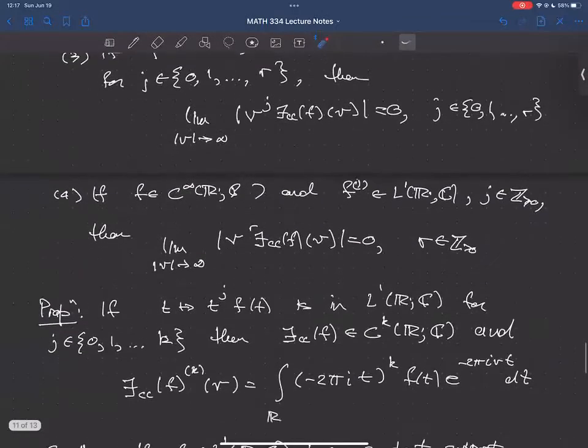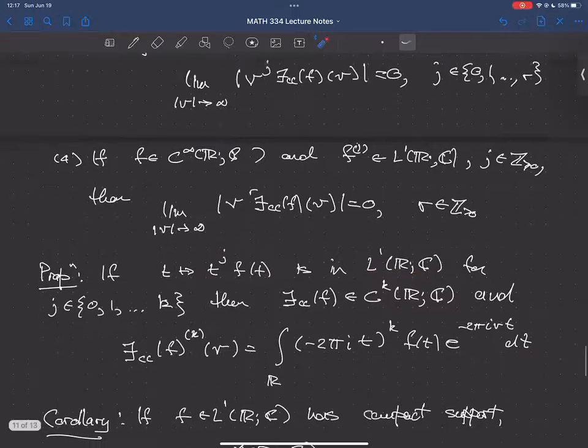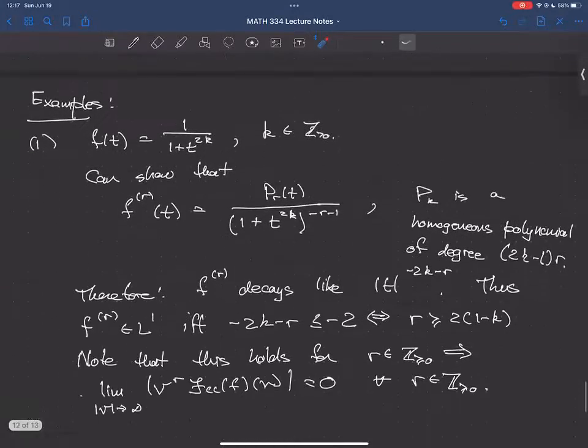The same kind of thing is happening here, in that we're really not looking at rate of decay, because all we're doing is asking for this thing to be in L1, and it may not even go to 0. Okay, so it's not really rate of decay. It's, you know, kind of more like energy.